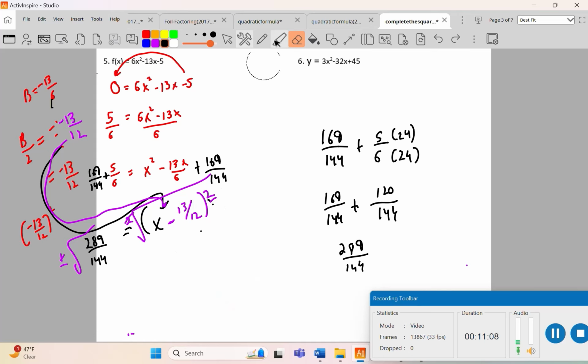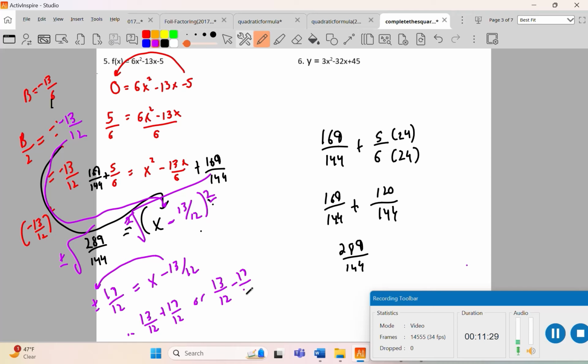Bummer, right? Oops. So this was still going to be 17/12. It's going to be plus or minus. And we're going to have x minus 13/12 over here. We're going to shift our 13/12 over. We'll have 13/12 plus 17/12 or 13/12 minus 17/12.